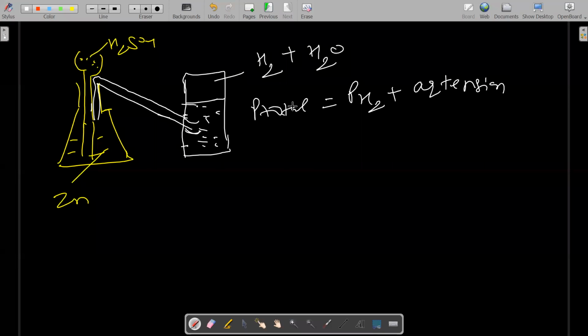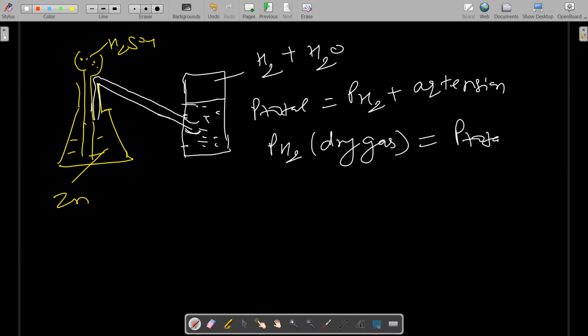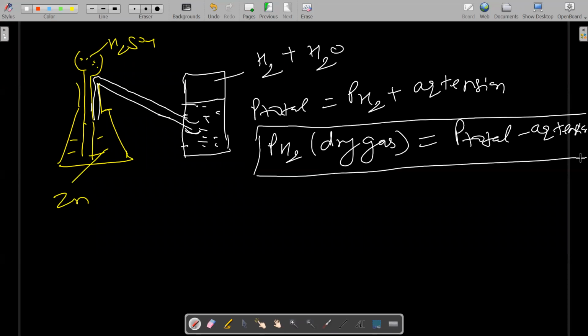So the pressure of any dry gas can be calculated using total pressure minus aqueous tension. These are applications of Dalton's law of partial pressure theory.